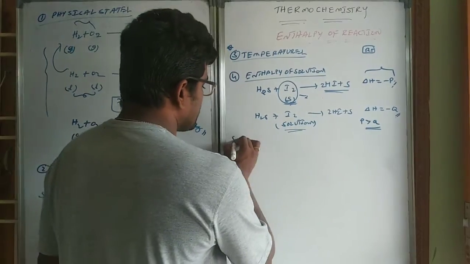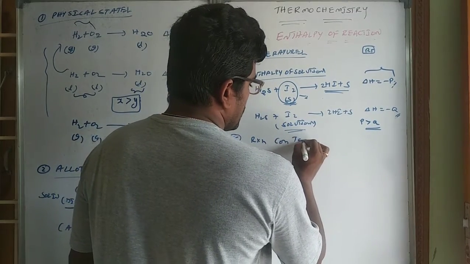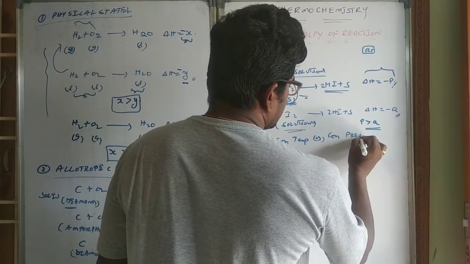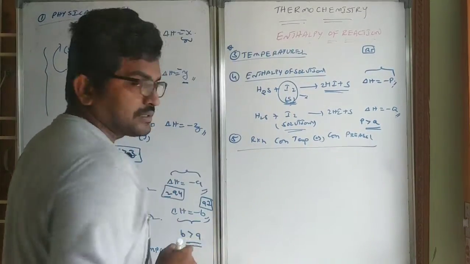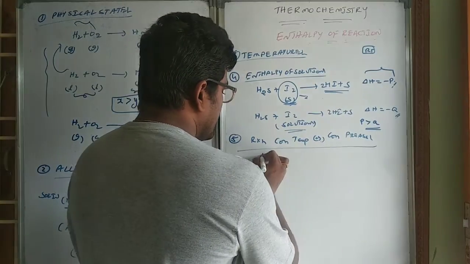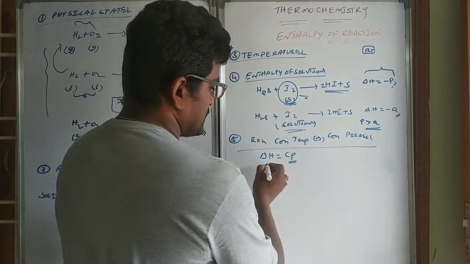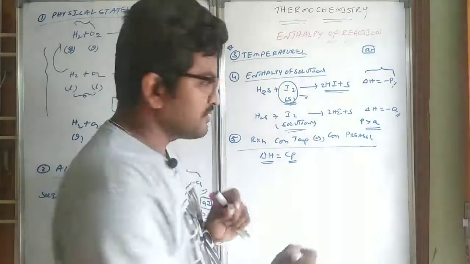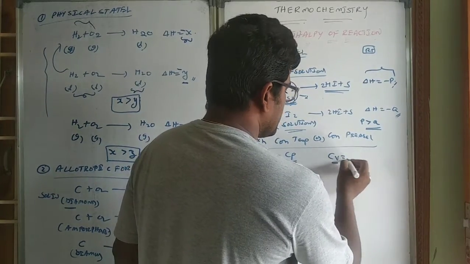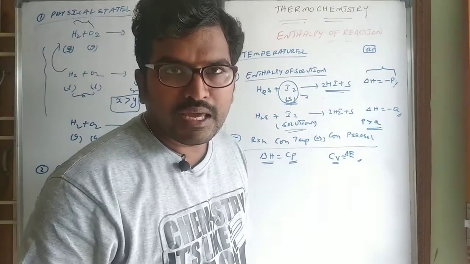And the final thing: whether the reaction is carried out at constant temperature or at constant pressure. See, in heat capacity we studied these things. Enthalpy of reaction carried out at constant pressure is nothing but enthalpy of reaction. Enthalpy of reaction carried out at constant volume is nothing but the internal energy change.